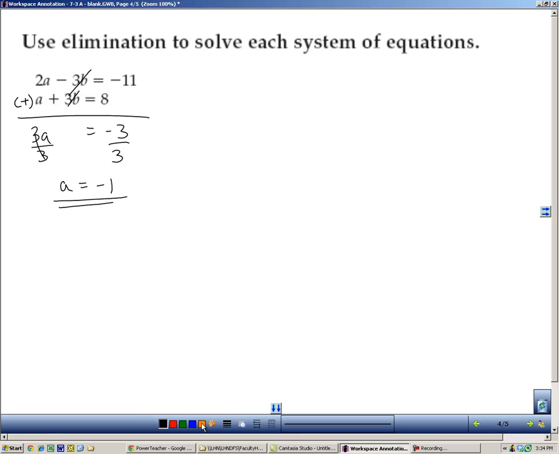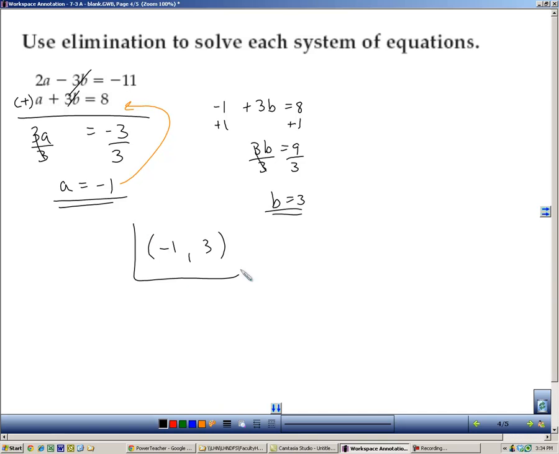And then we will plug that back into, again, I like the second equation. -1 plus 3b equals 8. So we'll add 1. 3b equals 9. So we get b equals 3. Now what order do you put these in? You put them in alphabetical order, so the ordered pair -1, 3 is my solution.